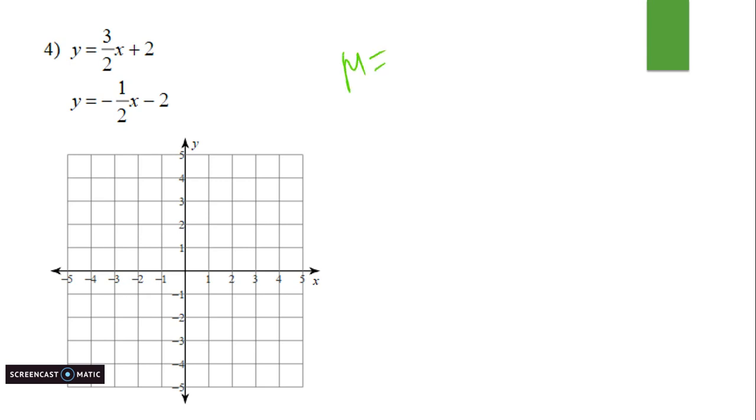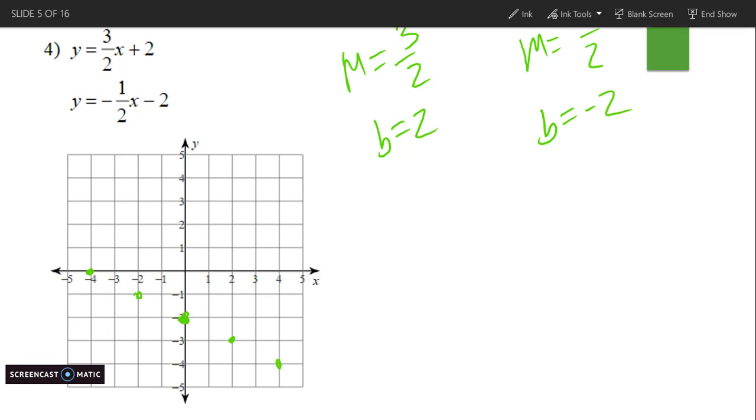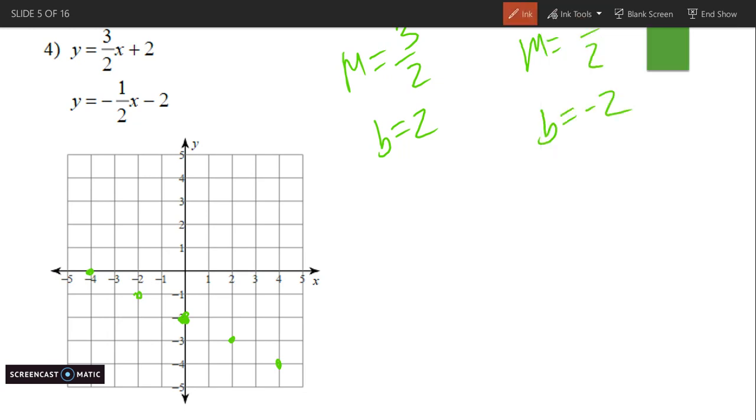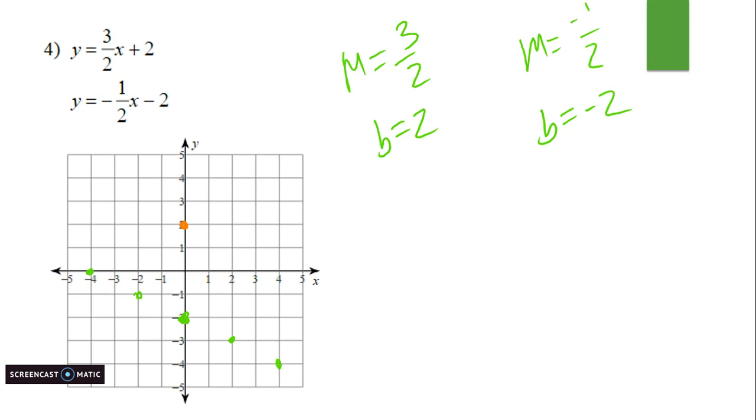The slope is 3 over 2. Y-intercept of 2. Slope is -1/2. Y-intercept of -2. So we got -2, up 1 over 2, up 1 over 2, down 1 over 2, down 1 over 2. Again, that's a negative slope, so it's going down and to the right. Looking at our other points, y-intercept of 2.